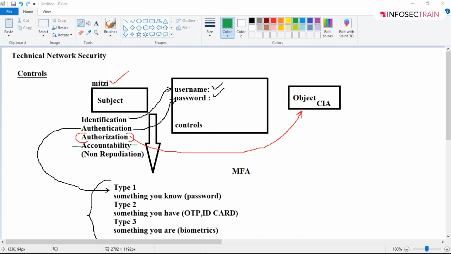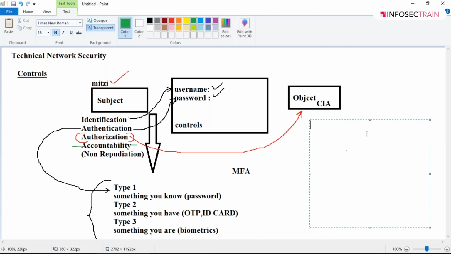We have the BIBA integrity model. Apart from that, we have mandatory access control and discretionary access control. So I'm just citing it over here. We have various kinds of access control models.